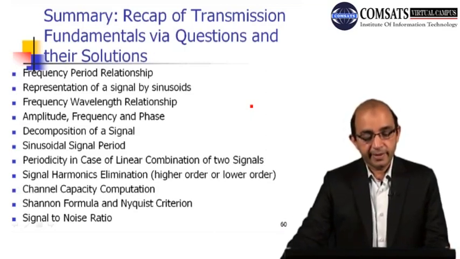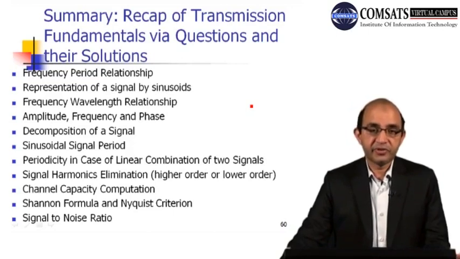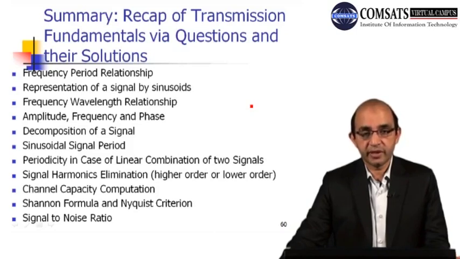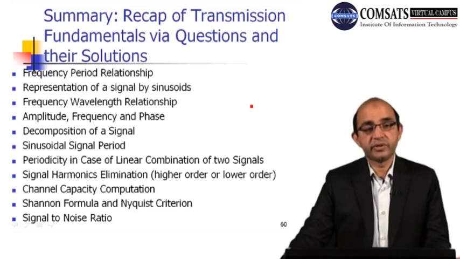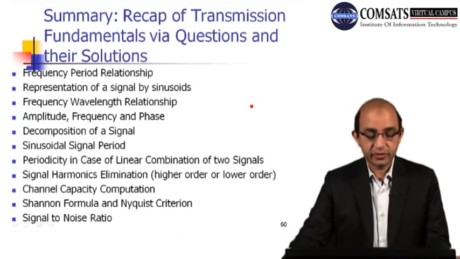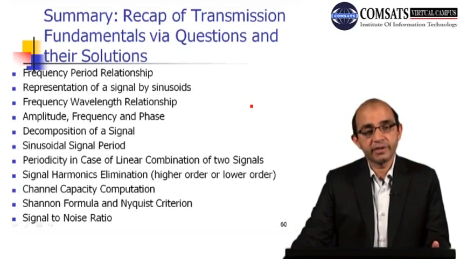Then if we have two different periodic signals, we mentioned the linear combination of those two signals, where the resultant is another signal. We discussed the periodicity of the resultant, and whenever we represent a signal with different frequency components, those components are called harmonics.